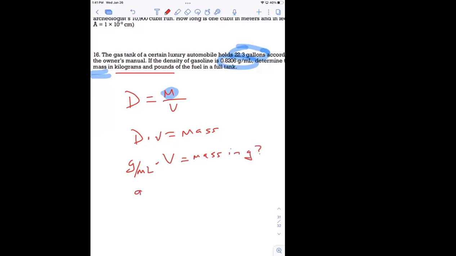So think about it like this now: g over mL times, what do I want here in the top to cancel milliliters? Milliliters. I need milliliters. So my volume needs to be in milliliters.